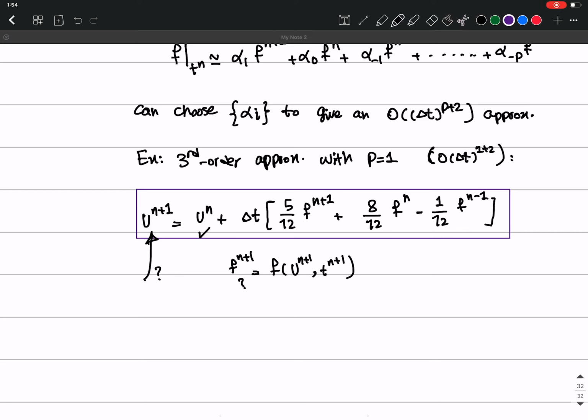But through those optimization methods, if you have a nonlinear equation, you can just guess something around un. So you can just set un and put it here, and then get a first approximation for un plus 1, and then put un plus 1 here, and then get another approximation here.